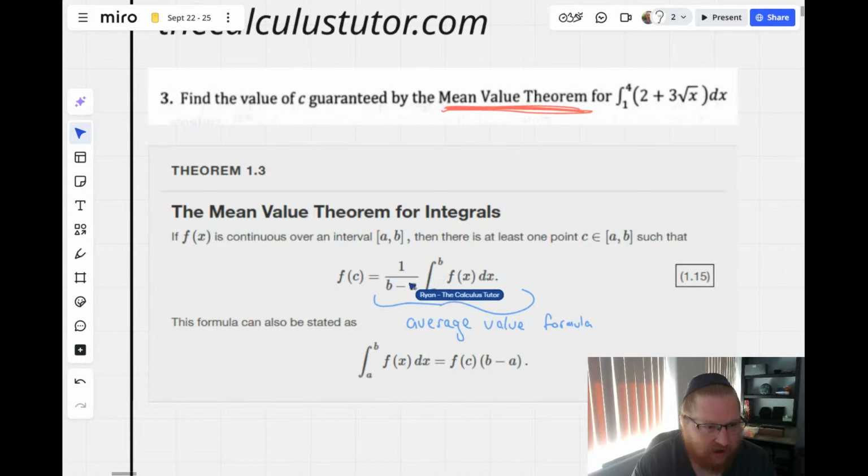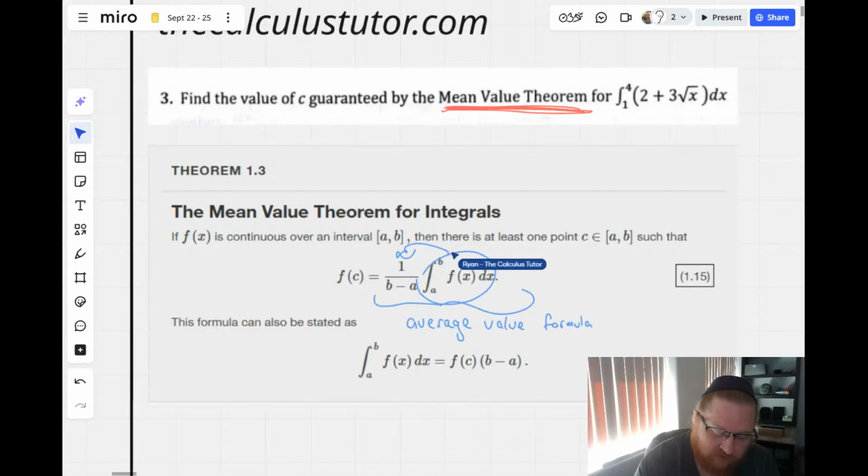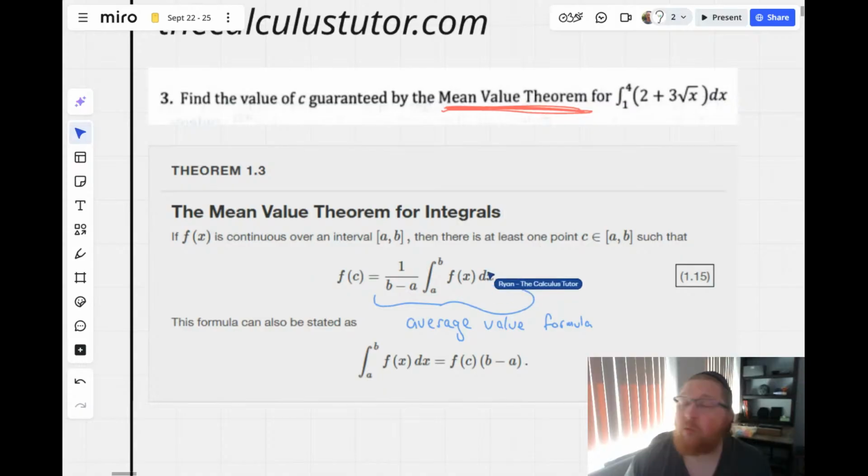This is a way to use multiplication, but turn it into a fraction to divide. We're just dividing by the width of the interval, right? Whatever number this is, when we multiply it against this fraction, it'll go up here. So this is dividing by the width of the interval, and an integral is always a summation. It always adds together. Sometimes we call it the area under the curve.